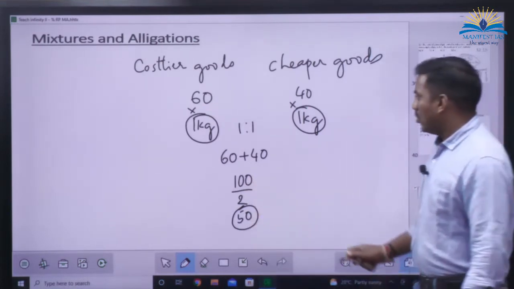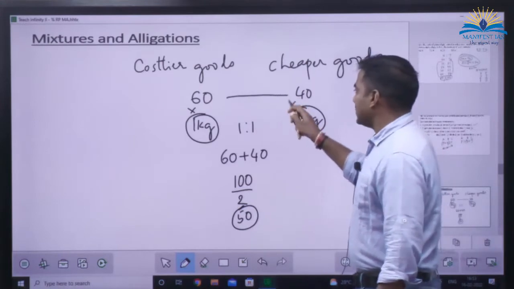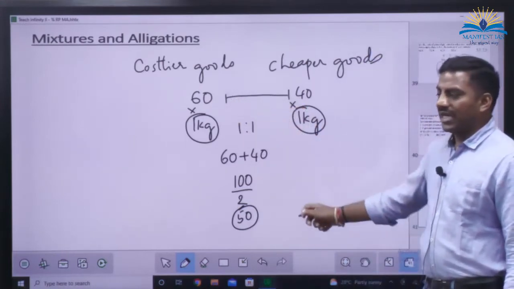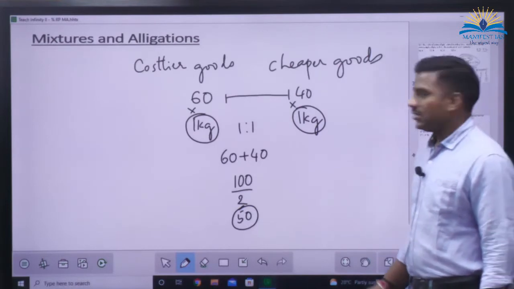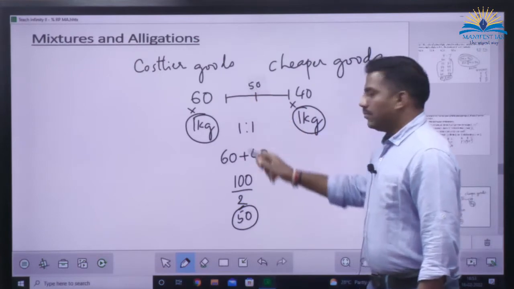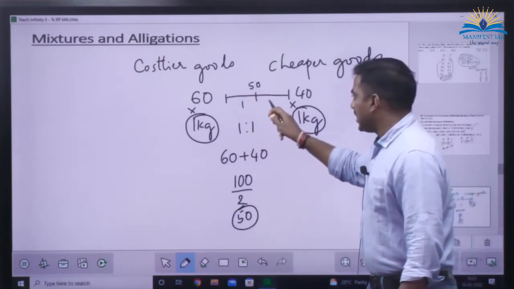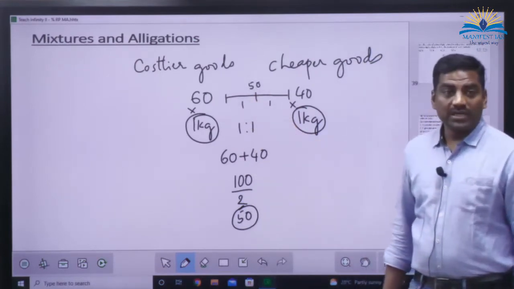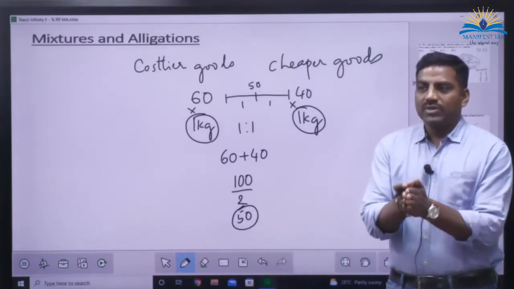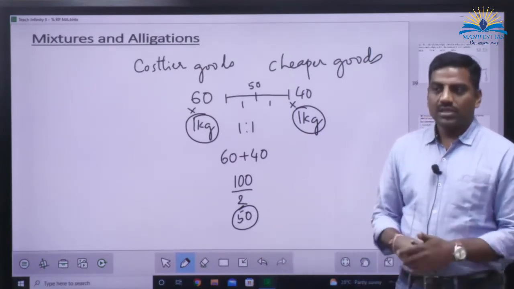Correct? So, if you consider these prices, 60 and 40, where exactly is your price of the mixture coming? Middle. Because you are mixing in the ratio 1:1. Half this, half this. So, your price will come exactly in the middle.